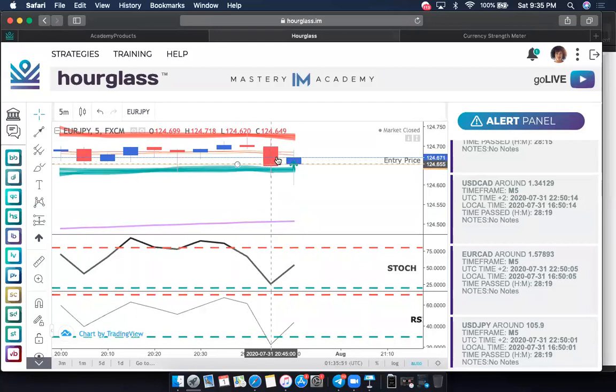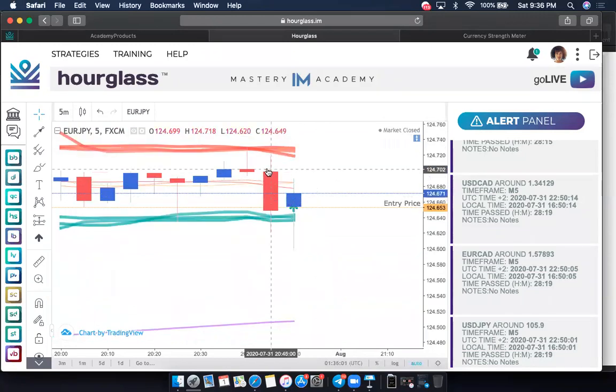You want to be prepared that candle before when you're taking your entry, because this is very fast. So when this candle was going down towards this green Bollinger Band, you know that, okay, the next candle, the arrow got to go up because it's going to bounce off of this green Bollinger Band.